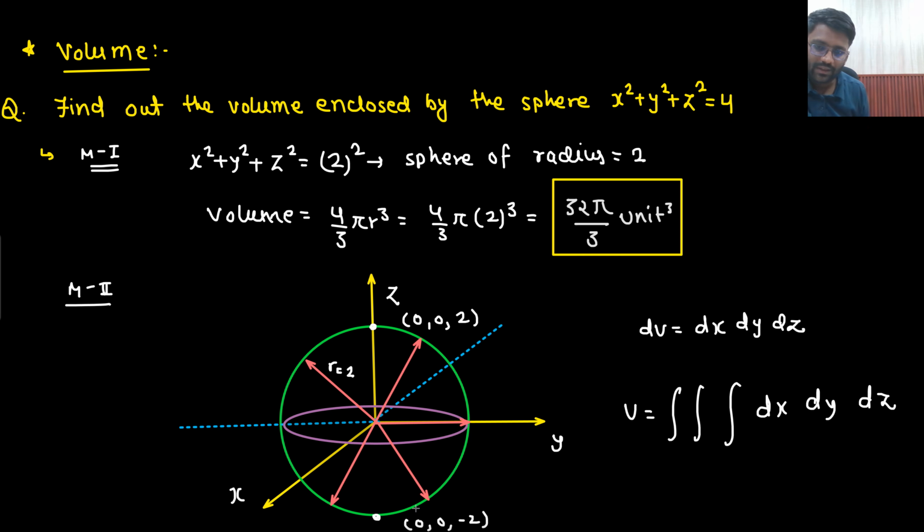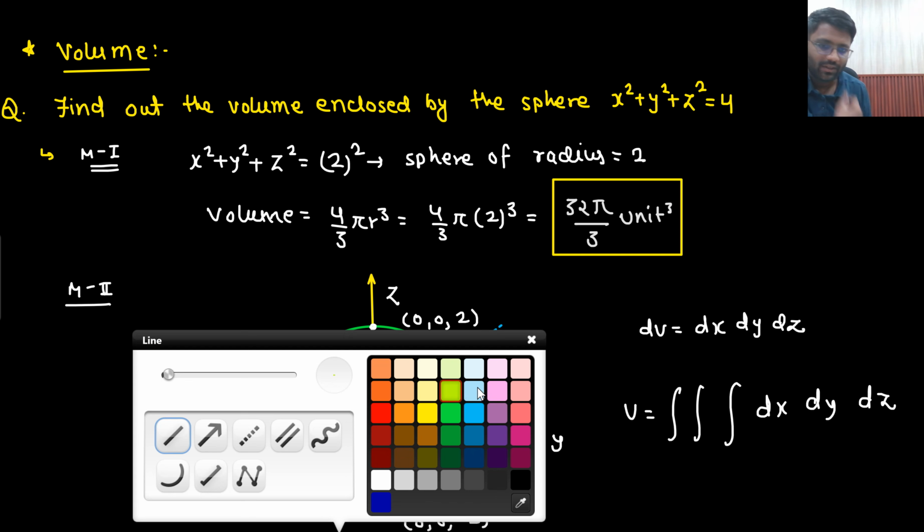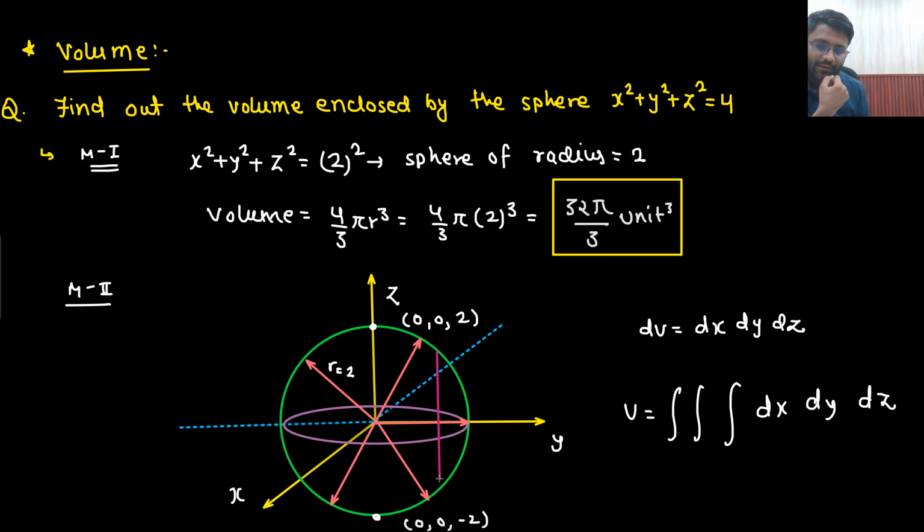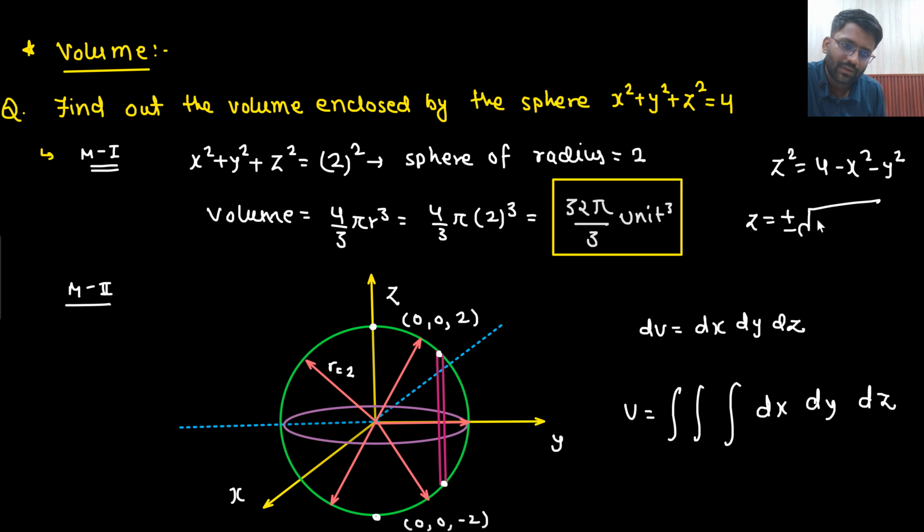Let's use a different color. So from where to where is your z going? What is the value of z downward, and what is the value of z here? Z square is given as 4 minus x square minus y square, so z will come out to be plus or minus the square root of 4 minus x square minus y square.